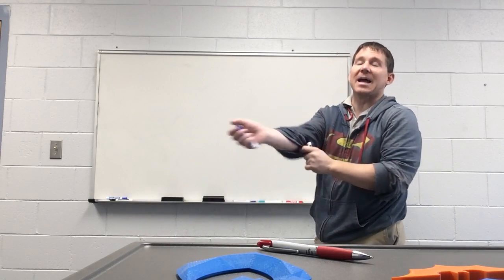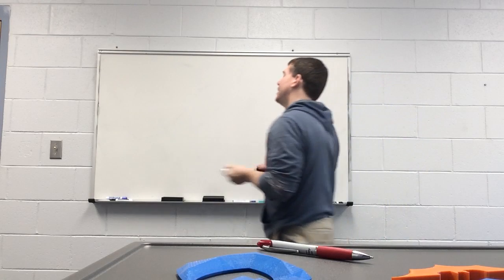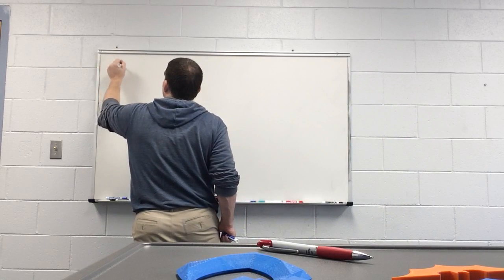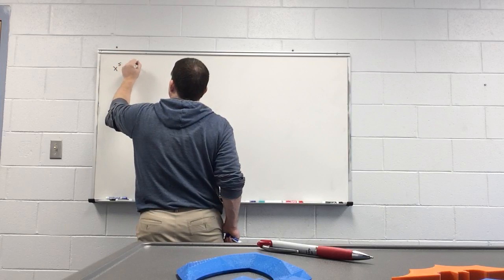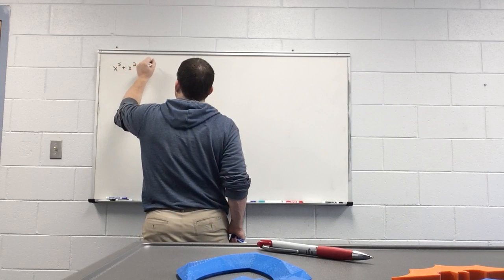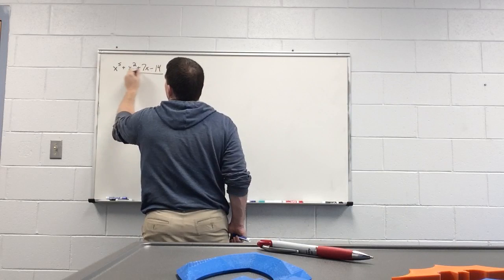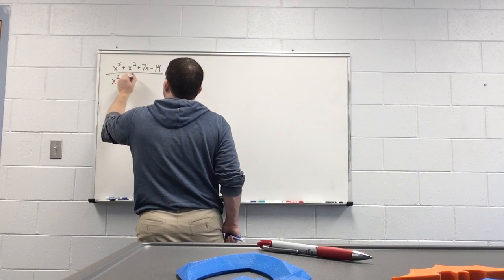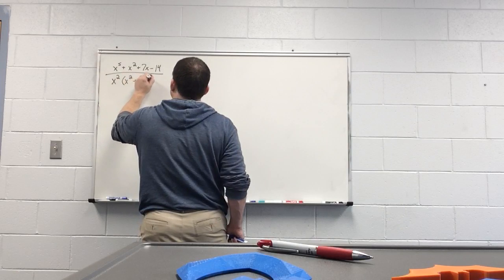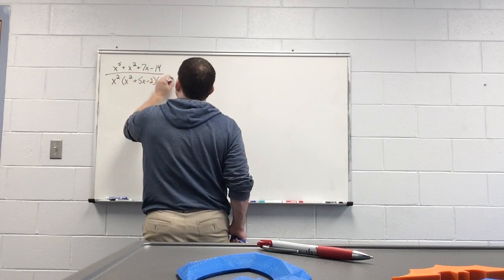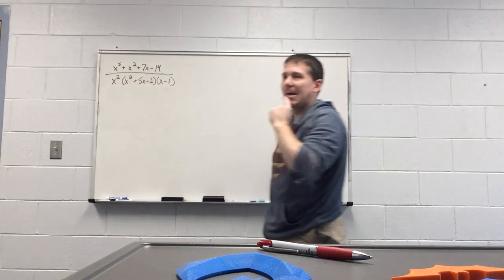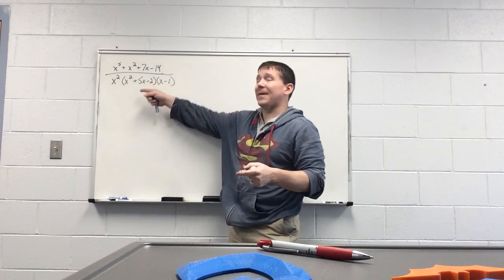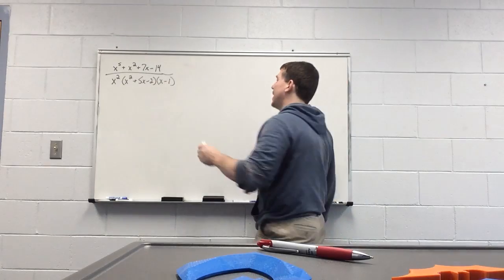And it actually does happen like this in Calc 2. Suppose I have x to the fifth plus x squared plus 7x minus 14 all over x squared times (x squared plus 5x minus 2) times (x minus 1). How would I do the decomposition? This is already factored, so I understand the trick.